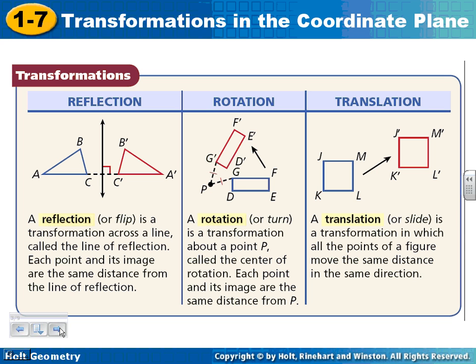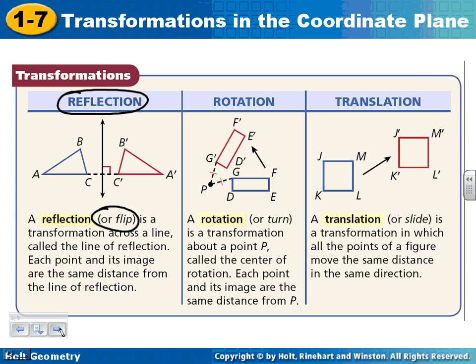Next slide. There are 3 types of transformations. We'll talk about all 3 of them. The first one is a reflection. With that one, think of a mirror image or a flip. A reflection or flip is a transformation across a line called the line of reflection.